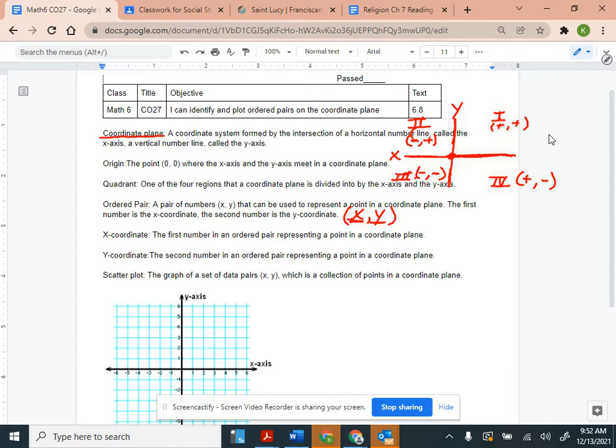You can see the two positives, the negative, positive, negative, negative, positive, negative. So we are going to be talking about these things, talking about the origin, that 0, 0. And as this unit goes on, we're going to be talking about our function tables and how we use those to graph our coordinates.